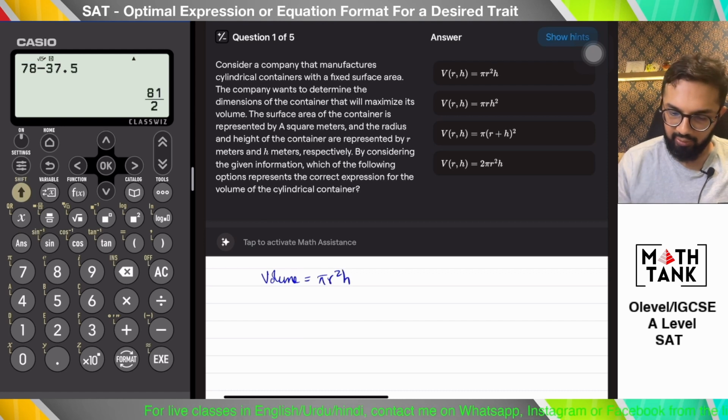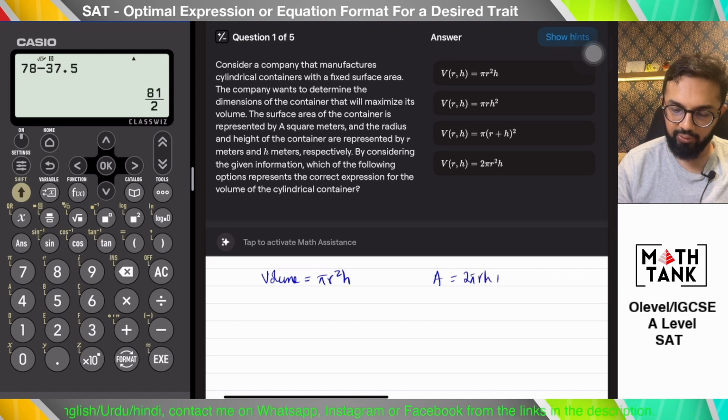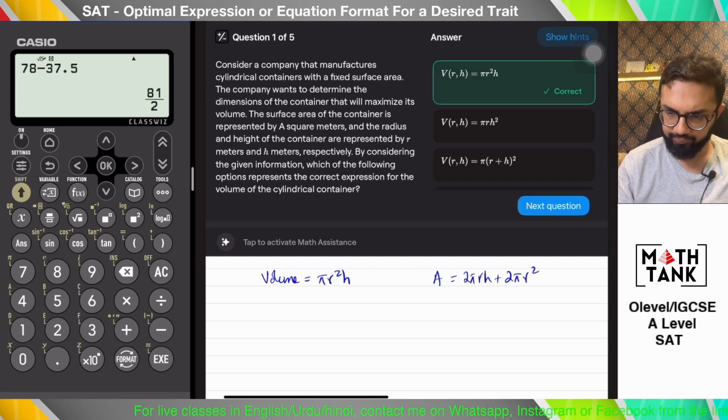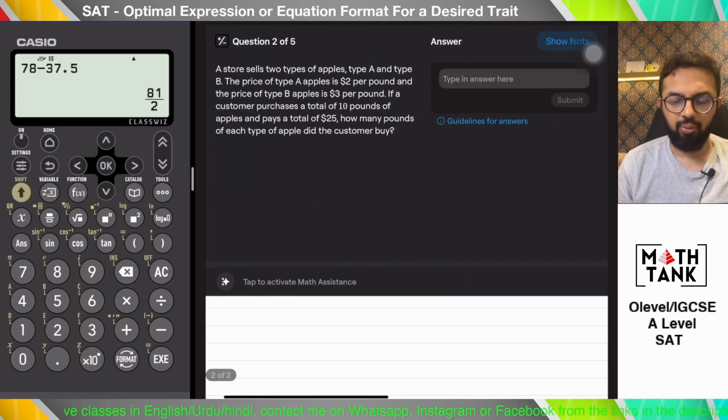The surface area of the container is represented by A. So 2 pi r h plus 2 pi r square equals A. By considering the given information, which of the following equations represents the correct expression for the volume of the cylindrical container? So shouldn't that just be pi r square h? Yep, nothing in that question to worry about.